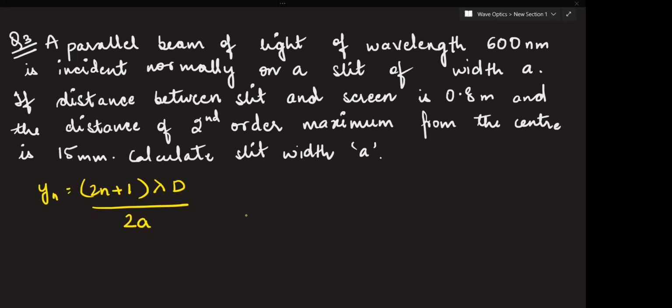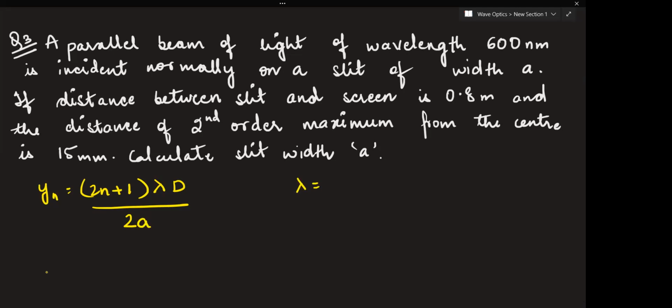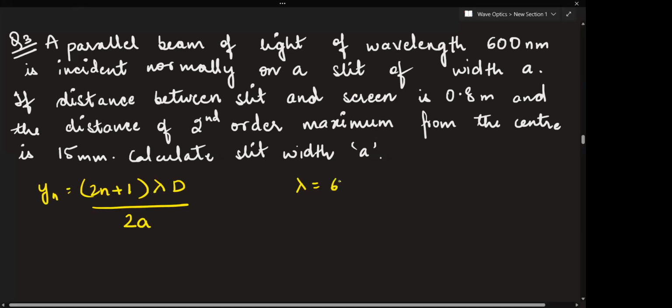Sanya, what is lambda? She has given 600 nanometer. So lambda is 600 multiplied by 10 to the power minus 9 meters.